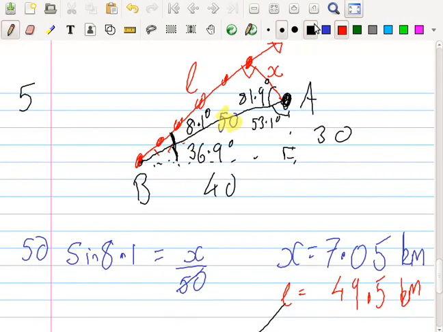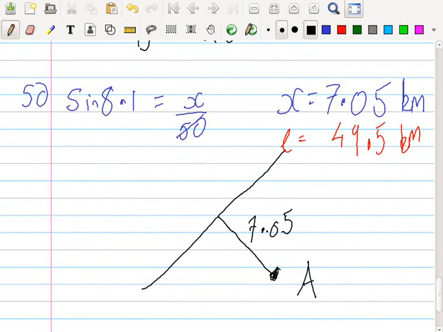Okay. Right, so actually it doesn't change anything in the B part. You all got 49.5? No? You're off a little bit. Did you type in 7.05? No, minus. Why is the minus?